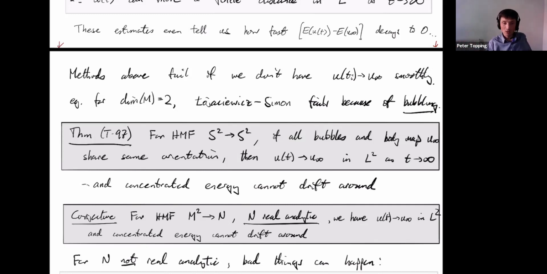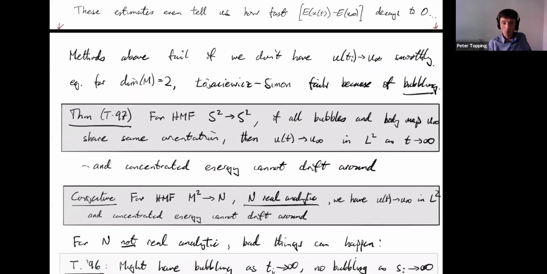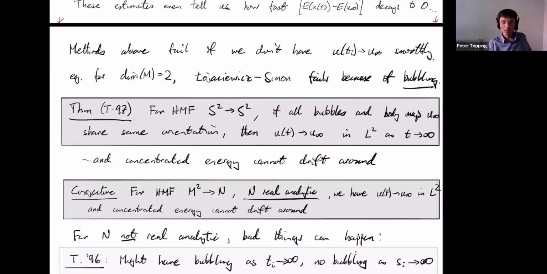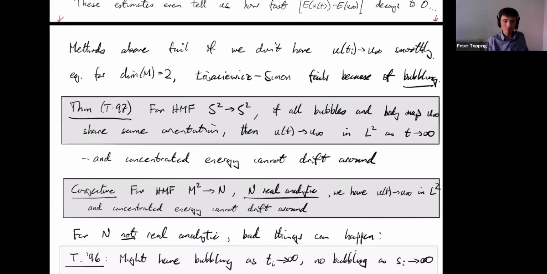It's actually much worse, a much worse thing can probably happen. There's a non-rigorous example from a long time ago, which is that actually you can have a sequence of times going to infinity where you have bubbling, and another interwoven sequence where you actually don't have any bubbling. So energy can concentrate and then deconcentrate and then concentrate and deconcentrate. So very crazy things.